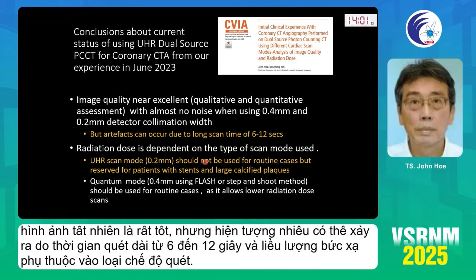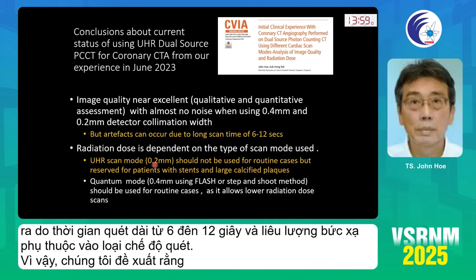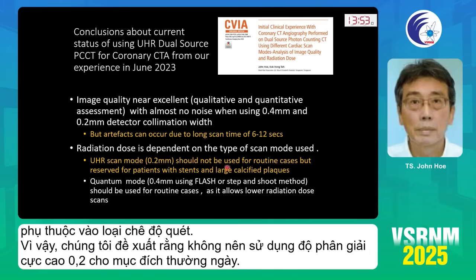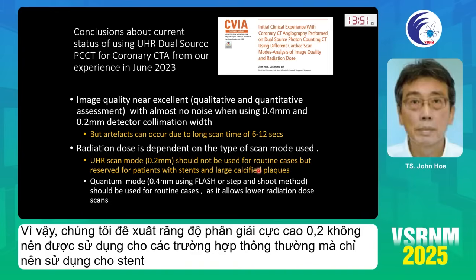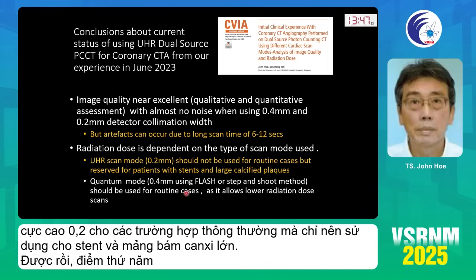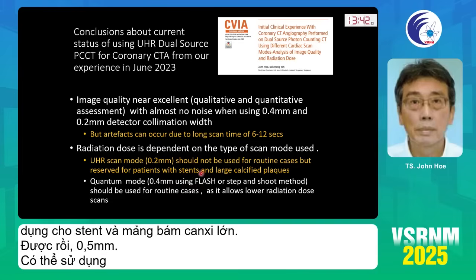So we suggested that ultra high resolution 0.2 should not be used for routine cases, but only for stents and large calcified plaques. The 0.5 mm can be used for routine cases, whether you do flash or step and shoot method.